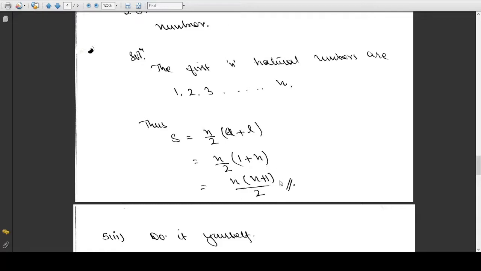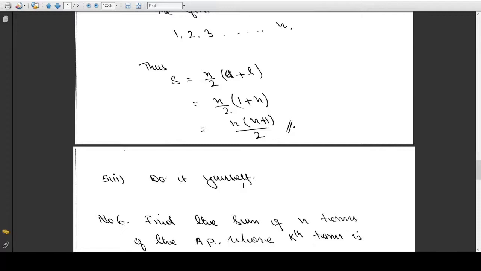If you find the sum up to 10, you multiply 10 with the next number, 11, divided by 2. 10 divided by 2 is 5. 5 multiplied by 11 is 55. So the sum will be 55. It's easy, just remember this formula. It's easy for you to find the sum of the first n natural numbers: n times (n plus 1) divided by 2.